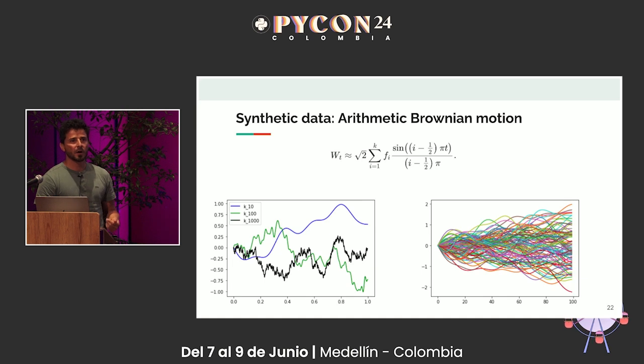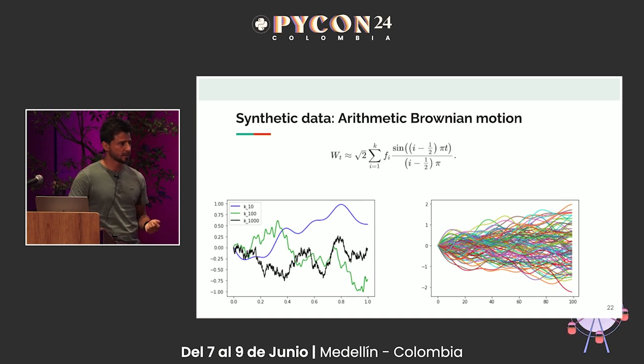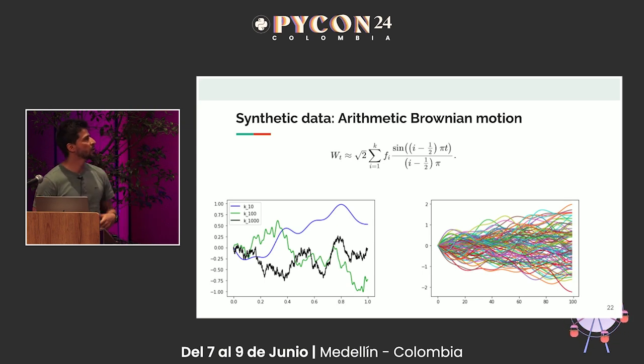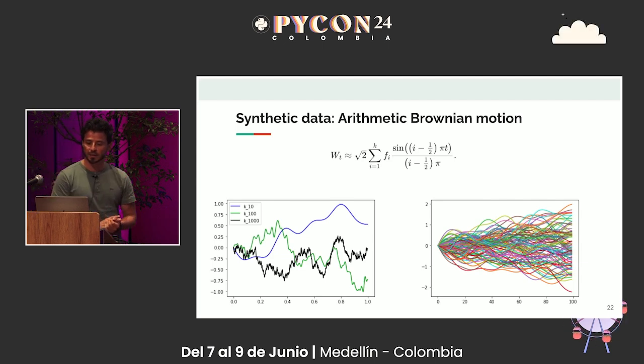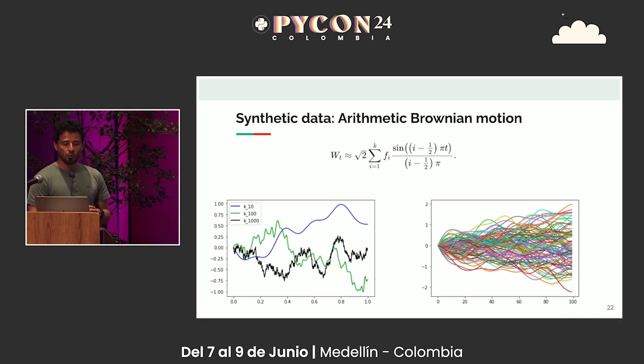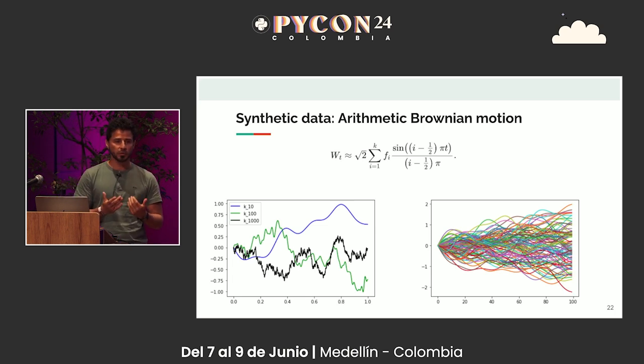Okay, now I wanted to find a way of how to create synthetic data and also create correlated synthetic data. So I went to any of my books about stochastic processes, and I found something very interesting: an arithmetic Brownian motion or random walk that is continuous in time, Wiener found a way to represent that process using the Fourier expansion.